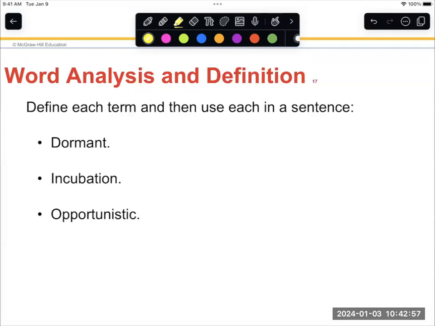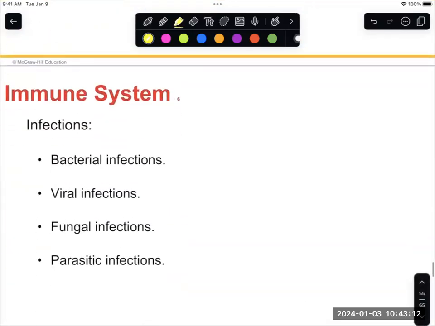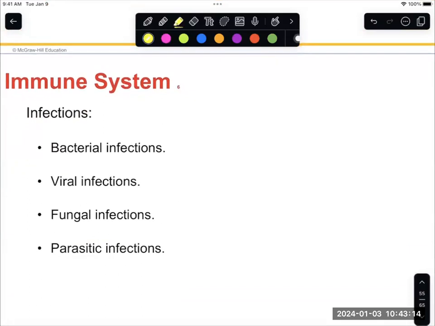Opportunistic is the ability of an organism or pathogen to cause disease in a host with a lowered resistance. Microbes. Microbes or microorganisms are everywhere.